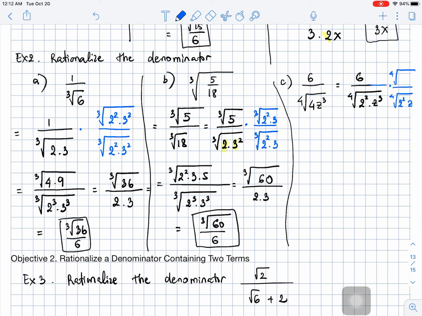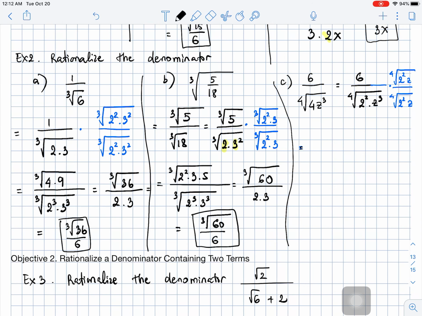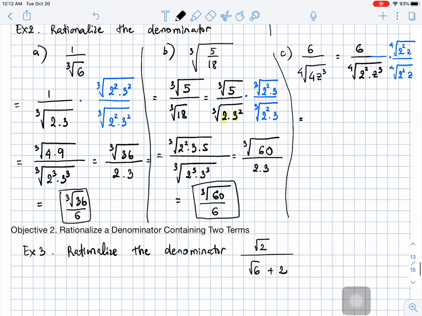The total is 4 because the index is 4. How many 2s do we have? 2 of the 2. This means 2, 2. So we need to multiply 2 more of the 2. z cubed means z, z, z. So you have 3 of the z. You want to have a total of 4, then you multiply by 1 more z. So we will multiply by the fourth root of 2 squared times z.